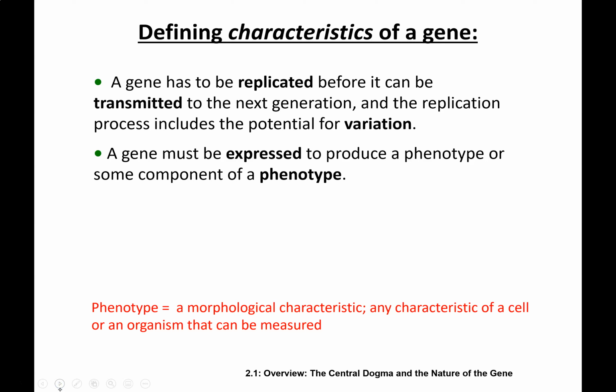Defining a gene is a little bit hard, but all genes have specific characteristics. Two important characteristics are replication and expression. A gene has to be replicated before it can be used in expression or before it can be transmitted to the next generation.